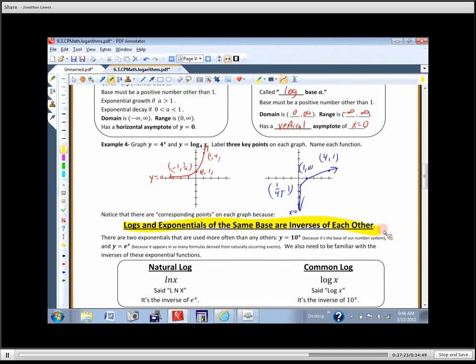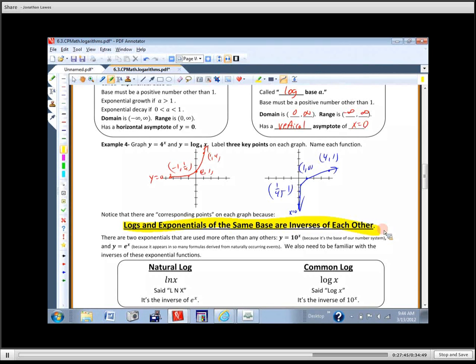Log base 4. If I said, what undoes log base 9? Exponential base 9. Logs and exponentials of the same base are inverses. So there are whole categories of inverses. Logarithms undo exponentials. Exponentials undo logarithms.